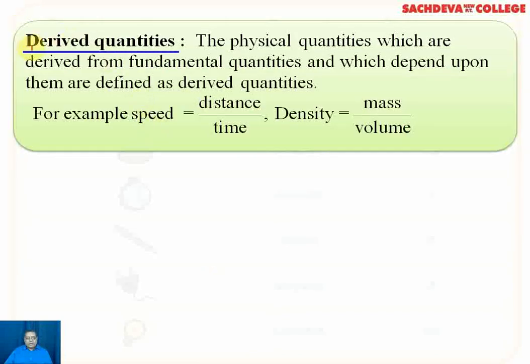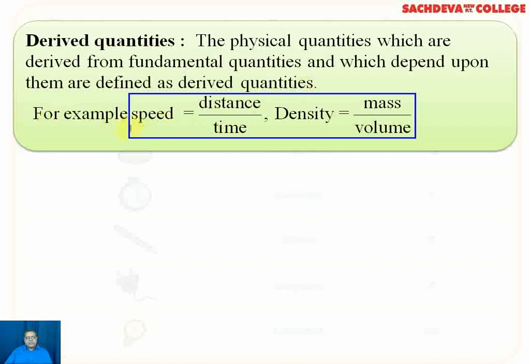Now, derived quantities are the physical quantities which are derived from the fundamental quantities and which depend upon them. Like speed is one of the derived quantities. The formula for speed is distance over time, and density can be taken as mass over volume.